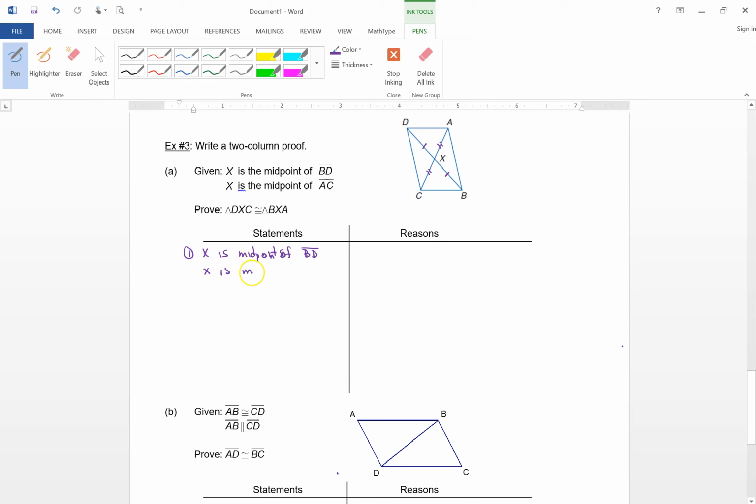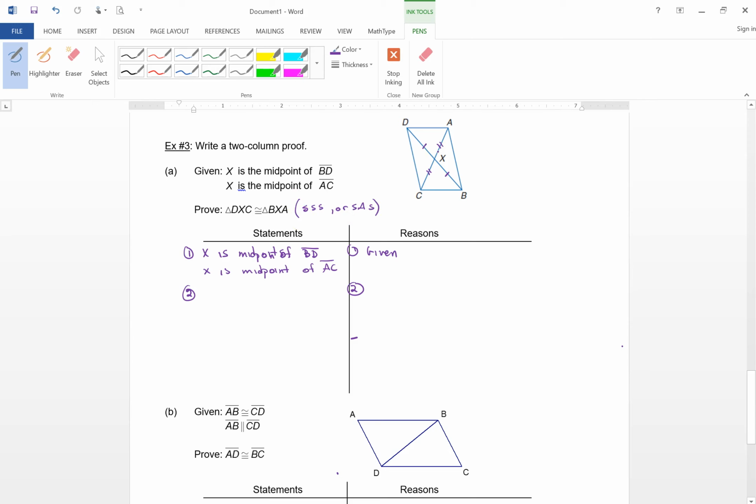X is the midpoint of AC. I want to prove that the 2 triangles are congruent. So again, I'm either going to use SSS or SAS. Those are the 2 strategies that I have.